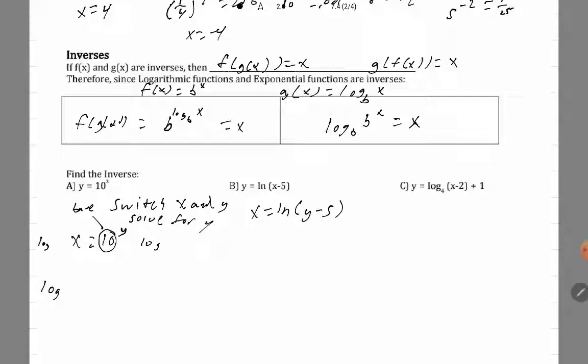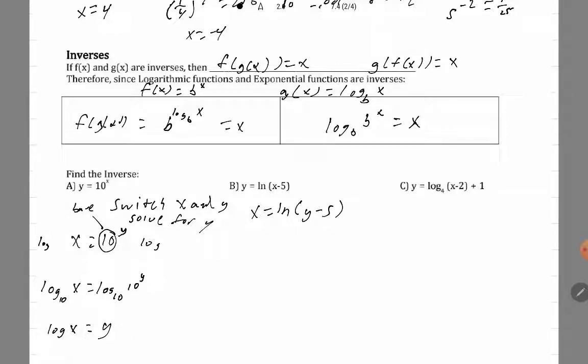So this is the log base 10 of x equals the log base 10 of 10 to the y. And we know from before, if we have the same base, these cancel out, and I'm left with y.